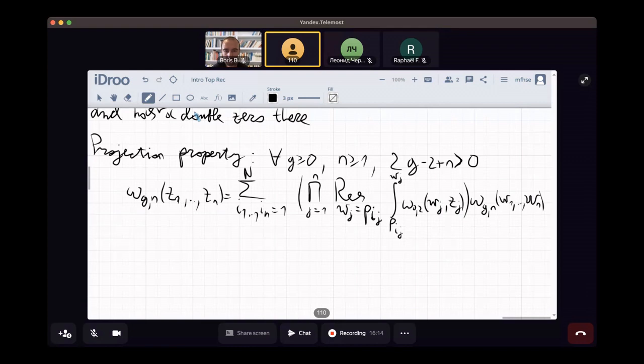Вы помните, что это был за интеграл? Давайте для сферы: омега 0,2 для сферы это dz1 dz2 делить на (z1 минус z2) в квадрате, да? Значит, интеграл устроен как просто единица на w минус z.